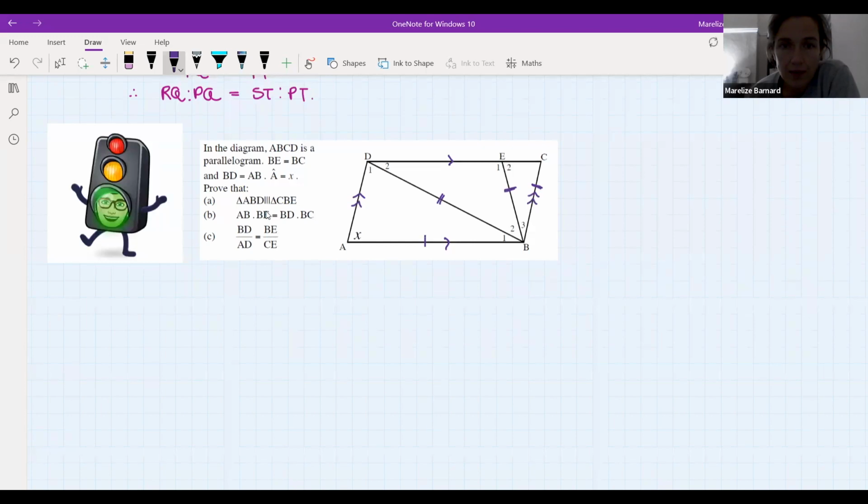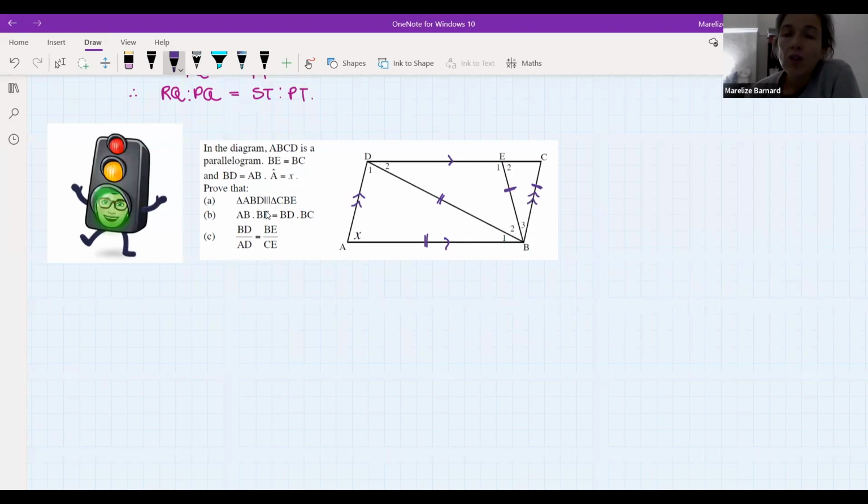Now that's even better, because if you have these sides that are equal, it forms isosceles triangles. So you have angles opposite equal sides when you are working with isosceles triangles.